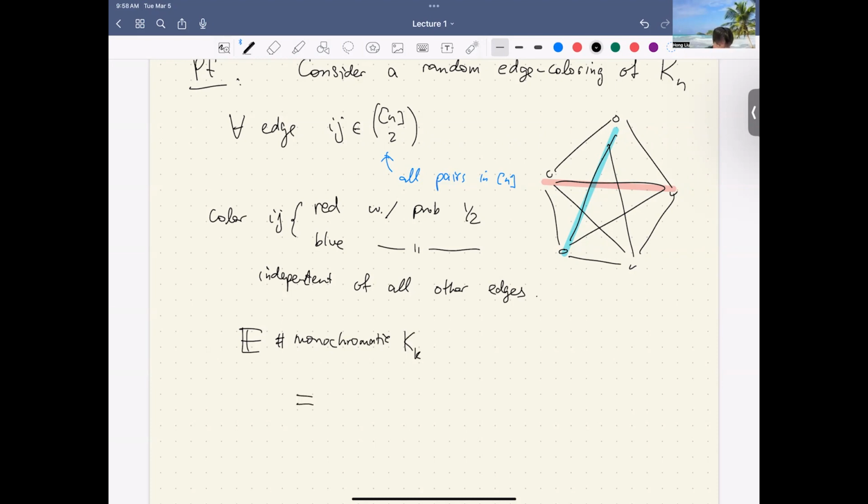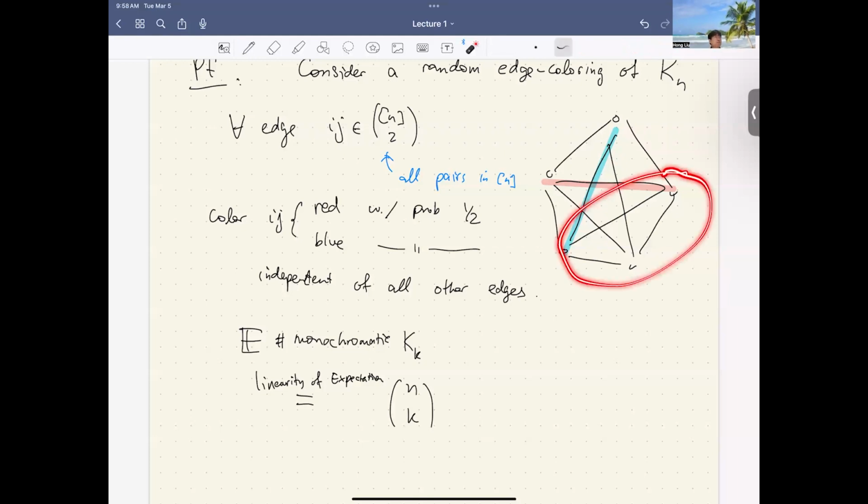Linearity of expectation says that you just look at every k vertices and look at the probability that it's monochromatic there, and you sum them up. You have n choose k, you focus on some k vertices here.